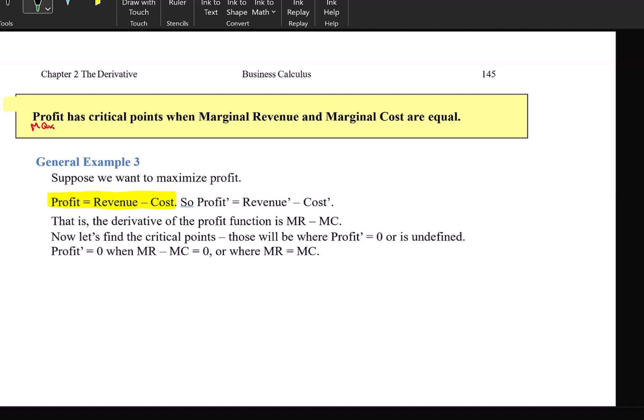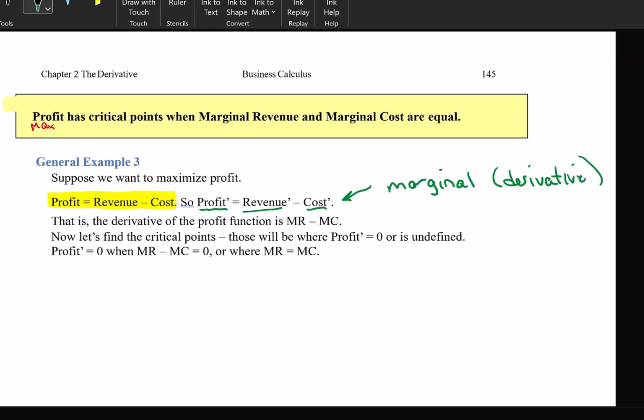So I have profit prime is equal to revenue prime minus cost prime. I can just take the derivative of everything, and I would have marginal. Marginal means the derivative. It means if I increase something by 1, how much does this other thing change?